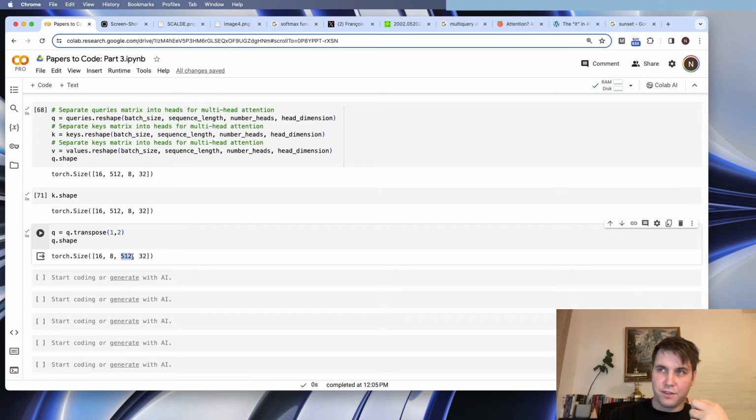And so we have, instead of 512 groups of 256 matrices, these 8 groups of slices of that original vector. So we've sliced that original long vector into 8 groups, and we bring that dimension out here. And this allows us to compute these smaller vectors against one another for all 512 tokens of the queries and keys. And so for K, we have to do the exact same thing.